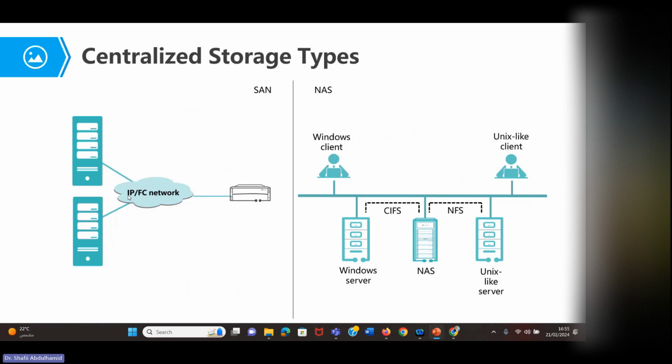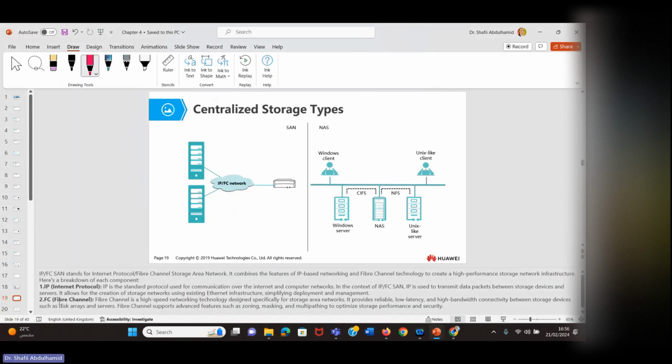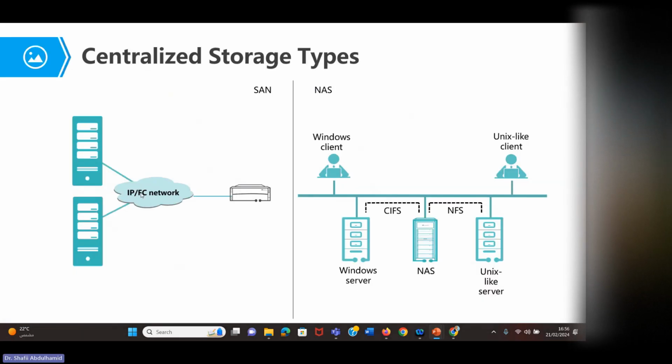Of course, IP-SAN is Internet Protocol SAN, and the FC-SAN is actually fiber, I think fiber optics. Let me see, sorry. Yeah, fiber channel basically. So it uses the fiber channel.